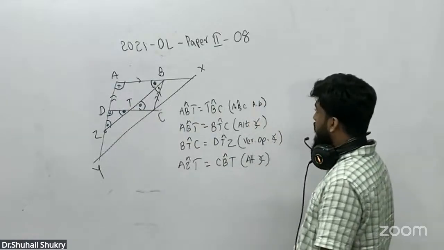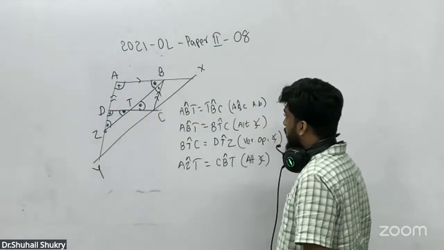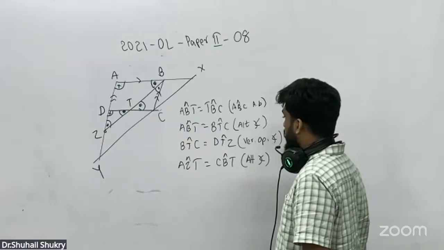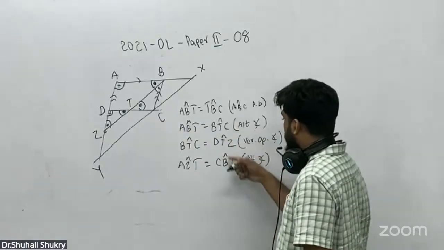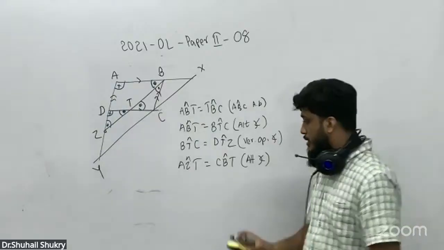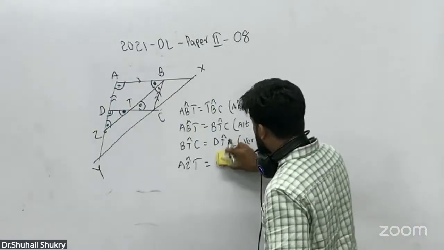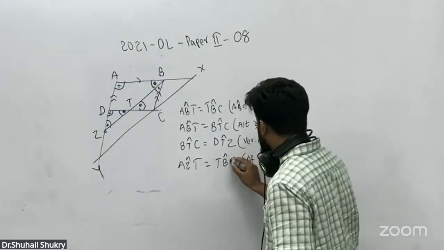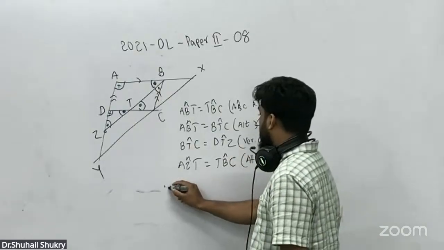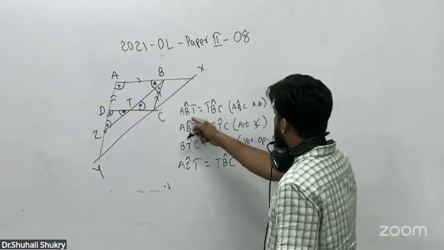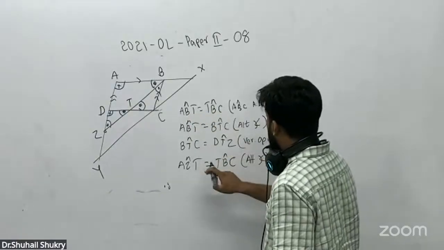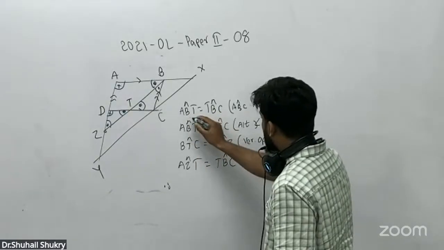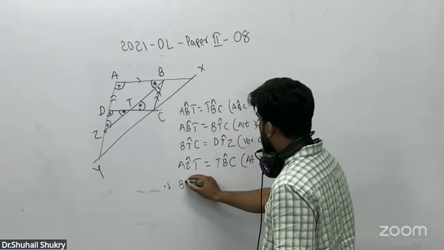Now I have told ABT is equal to TBC, we took. Here we took TBC. So I can tell therefore, finally, if ABT and TBC are equal, ABT equals BTC. So instead of ABT, I can write BTC.